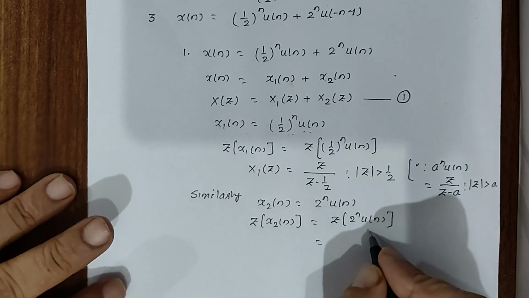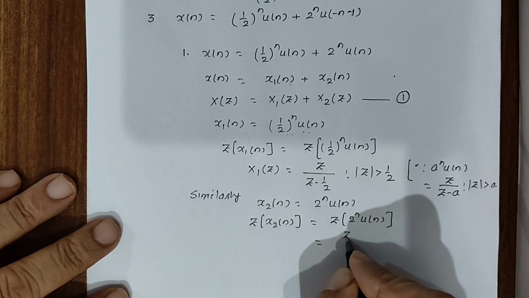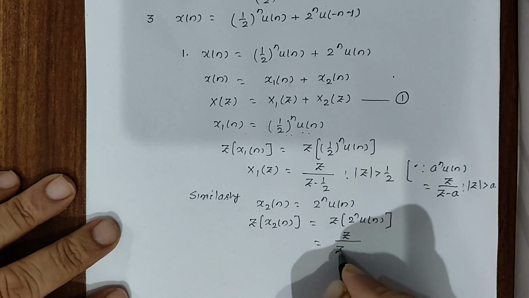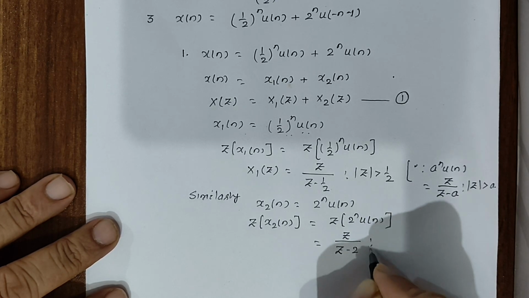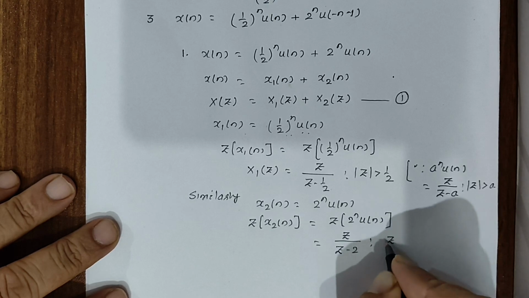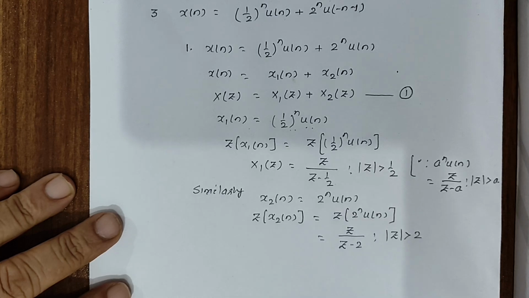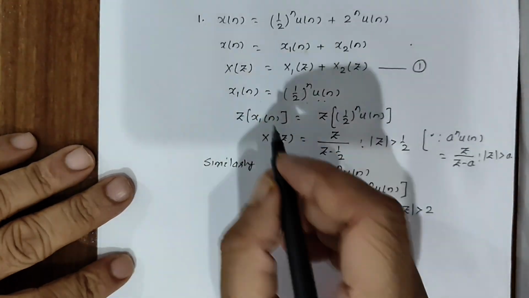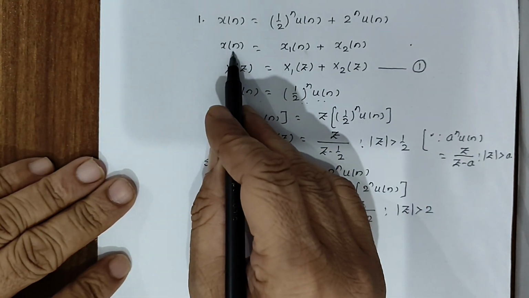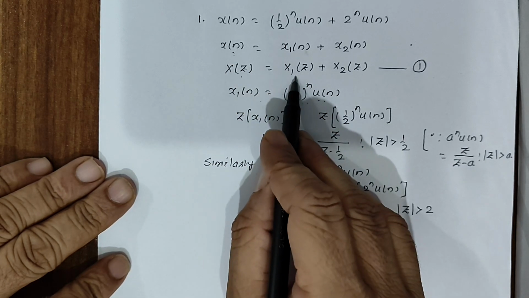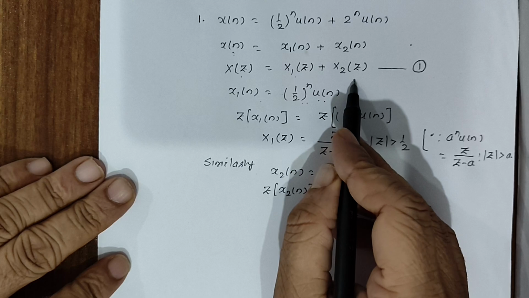This is also a causal sequence. So the Z transform of 2^n u of n is z upon z minus 2 with ROC mod of z greater than 2. Right? So the Z transform of x of n is X of z, which is nothing but X1 of z plus X2 of z.